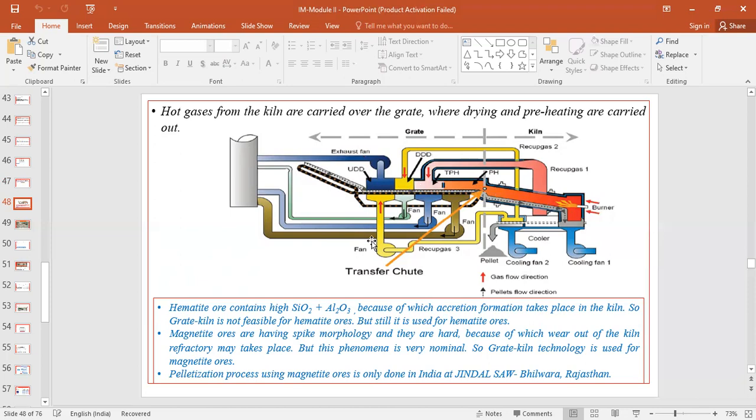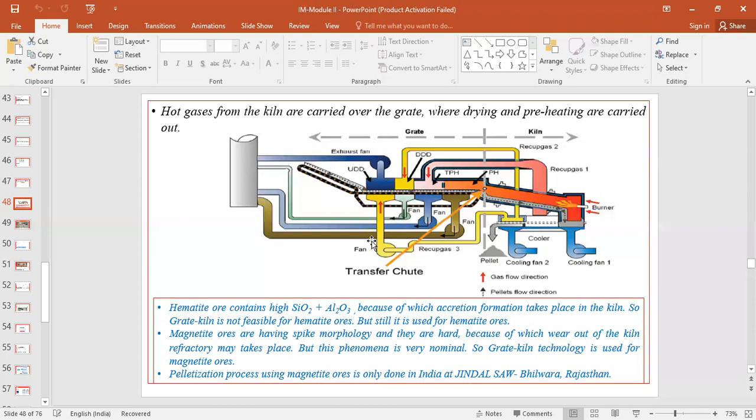Here, the hematite ores especially contain a high amount of SiO2 and Al2O3. Because of these refractory oxides, there is a possibility of accretion formation within the kiln. So Grate-kiln is not feasible for hematite ores, but still people are adopting this kind of method for the induration process of hematite ores.